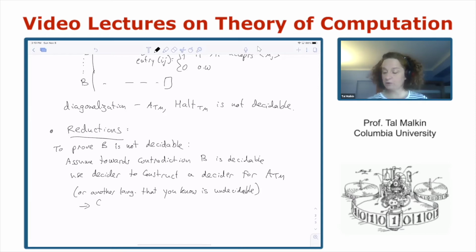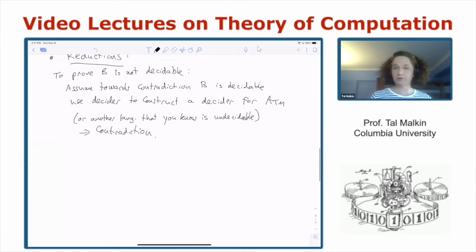And this would be a contradiction. Okay, so you're assuming that there was a decider for B, I will construct a decider for ATM. And I would say, I already know that ATM is not decidable, therefore there's a contradiction. Okay, this is the notion of reduction, and we will see examples.